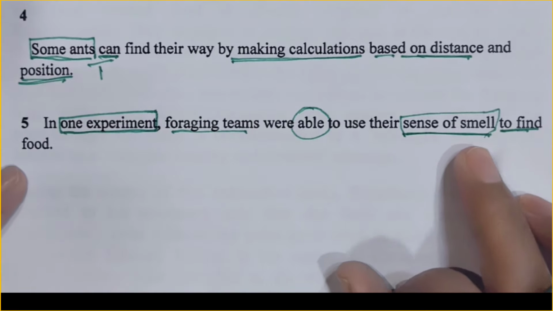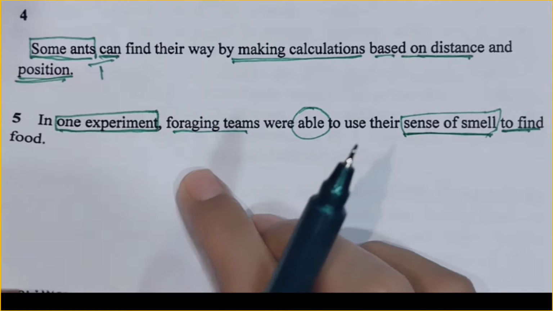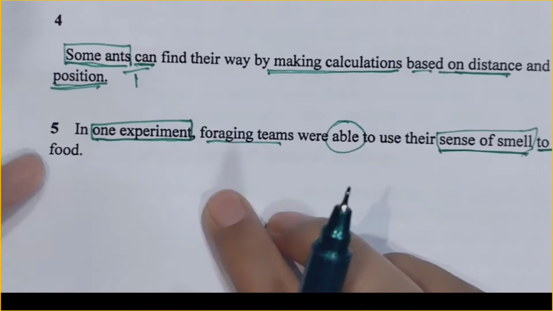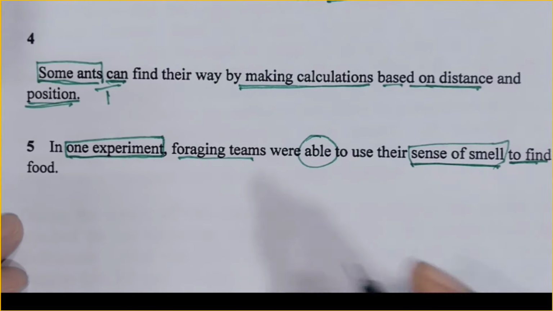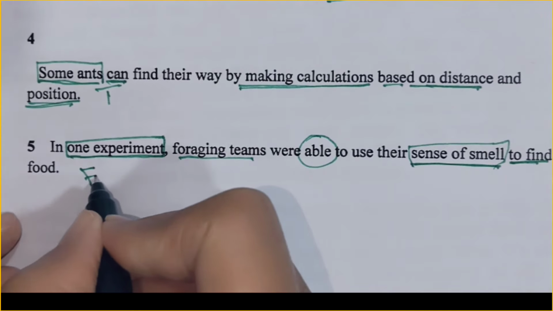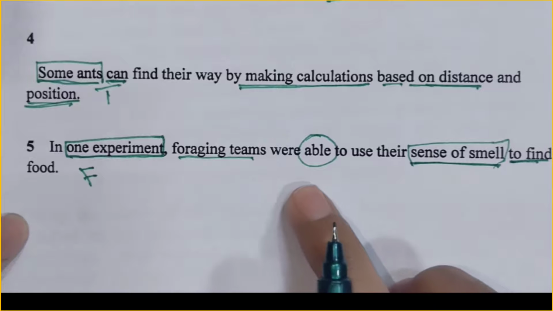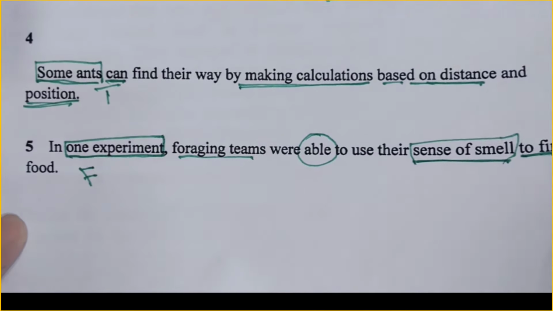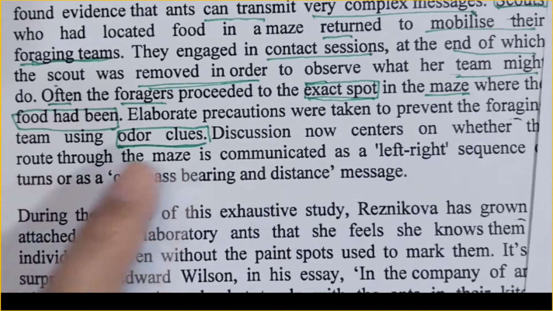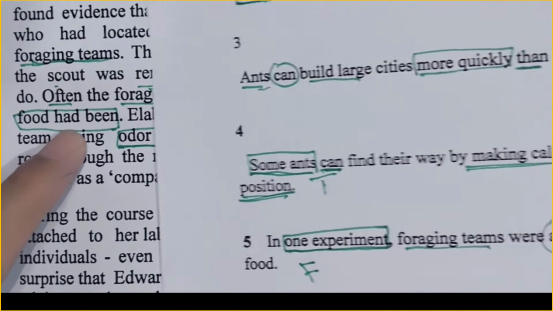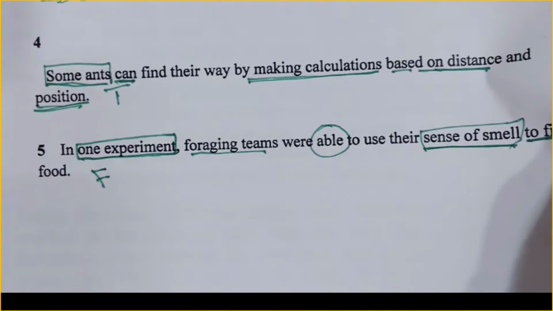They were not able to find food, they went to the place where the food had been. So what will be the answer? The answer is false, because they proceeded to the exact spot in the maze where the food had been. This is the reason that the answer is false here.